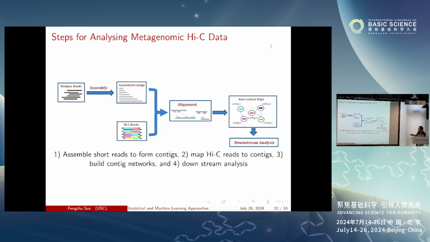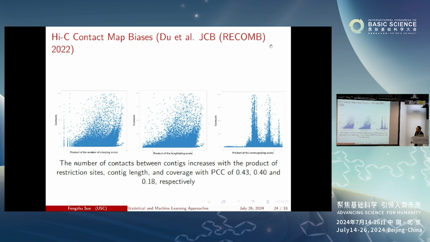But is this true or not? What you see here is the relationship between the number of links between two contigs and the product of the length, the number of restriction sites, and the coverage. You can see an increasing trend.